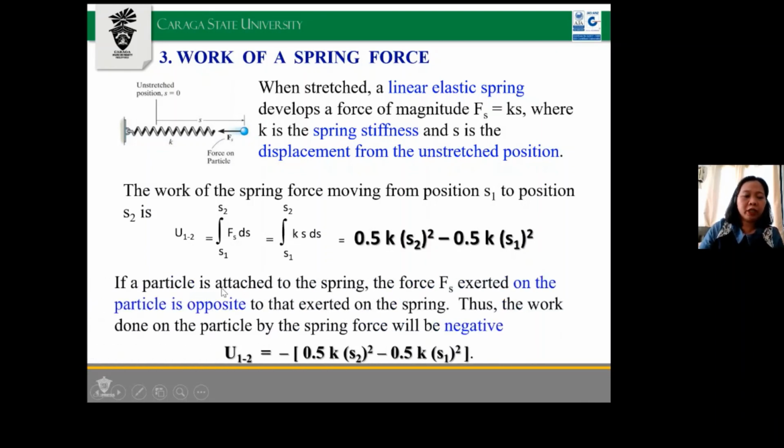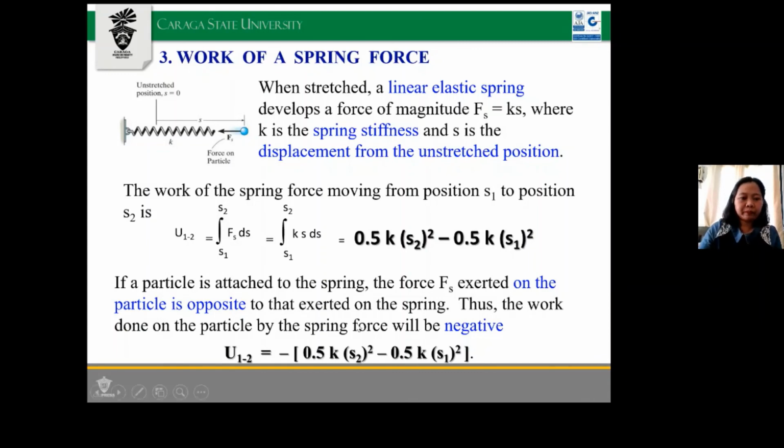If a particle is attached to a spring, the force Fs exerted on the particle is opposite to that of the spring. Thus, the work done on the particle by the spring force will be negative.